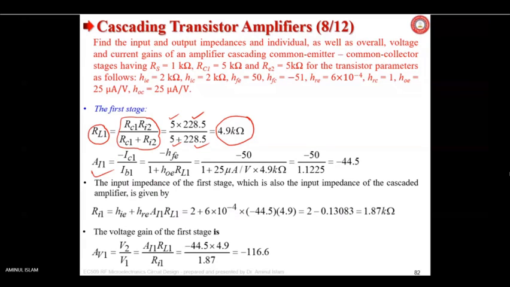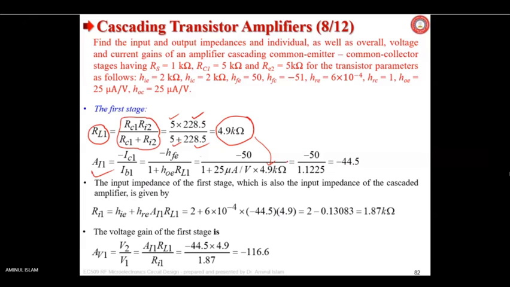Now, the same thing can be written as minus HFE by 1 plus HOE RL1, and this is what we have already derived, nothing new for us. Putting the values of HFE, HOE, RL1 coming from here, HFE is 50, and we know that HOE is 25 microampere, given here.